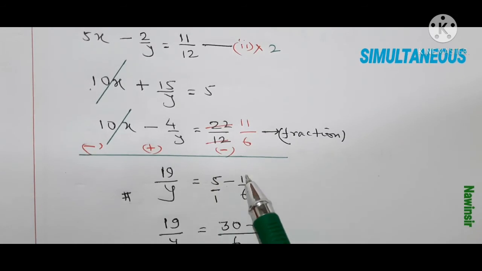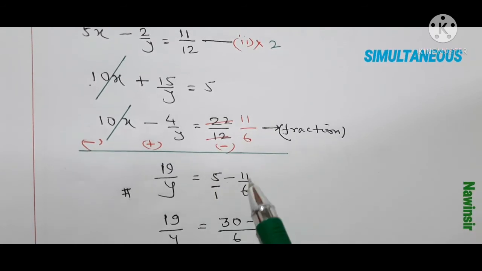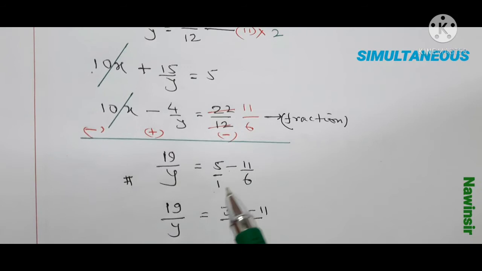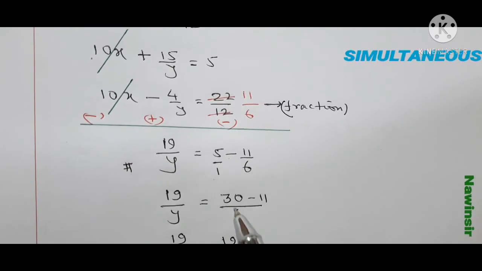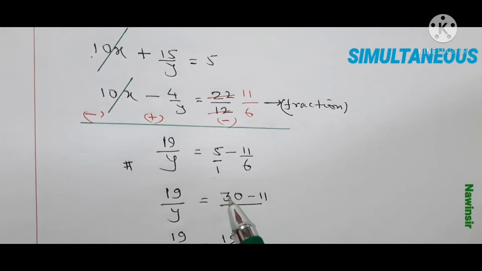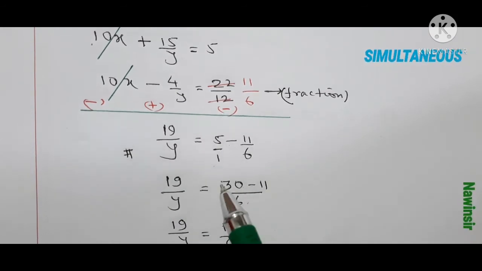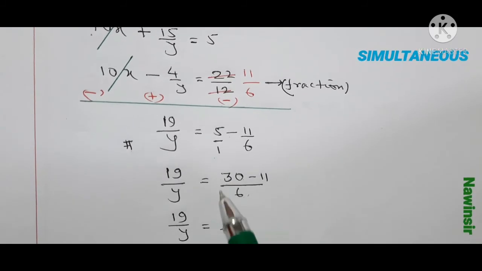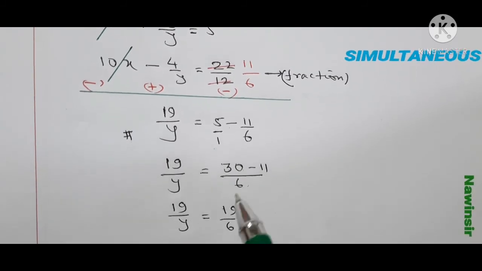Then fraction plus minus, always we do LCM. Now, then you take LCM. So 1 र 6 को LCM 6 हुन्छ. 1 divides 6 times, त्यो 6 ले 5 लाई multiply, 6 5s are 30, minus 6 divides 6 one time, 1 11s are 11. 30 minus 11, 19, sign of the bigger number, then you cross multiply.